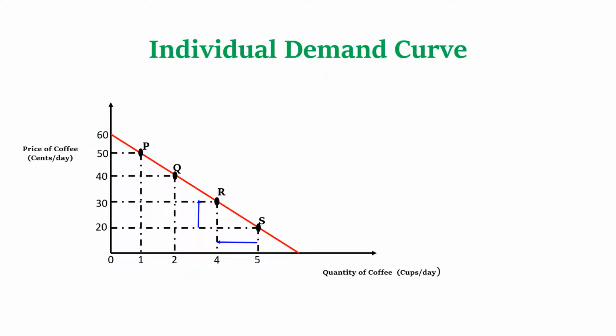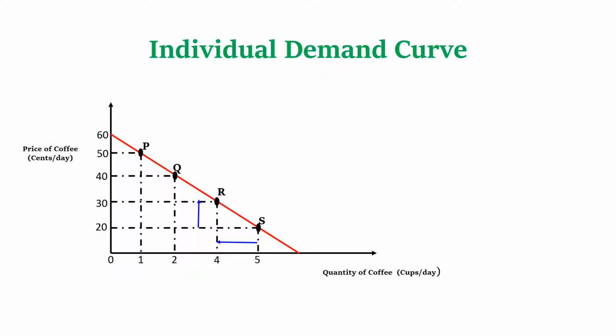Now, we see the price of coffee is on the vertical axis, and the quantity of coffee is on the horizontal axis, right?